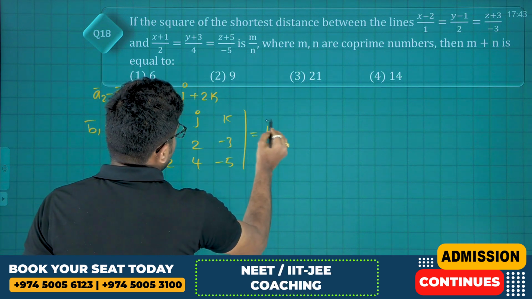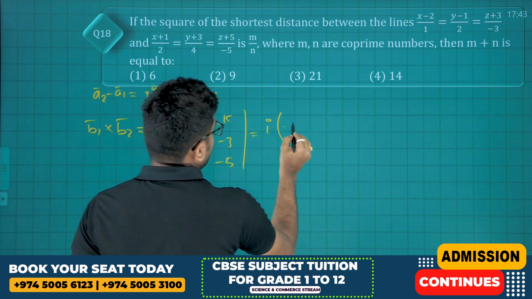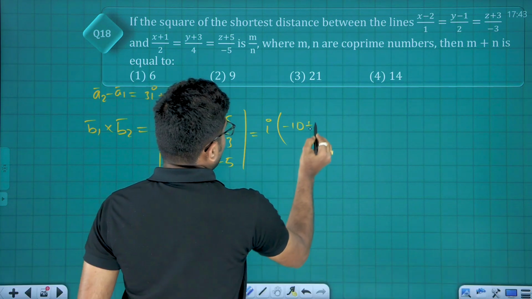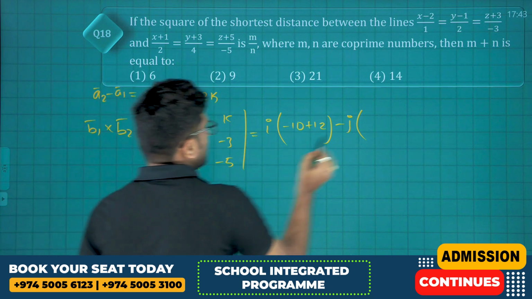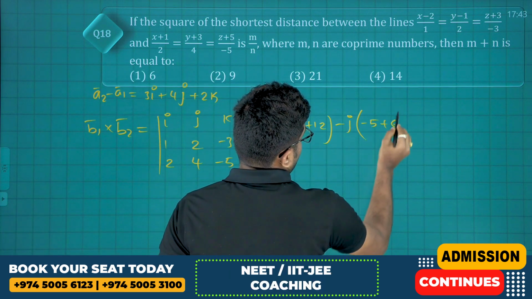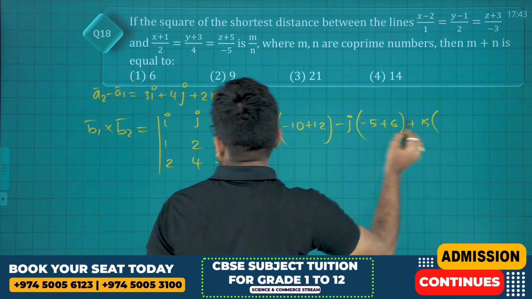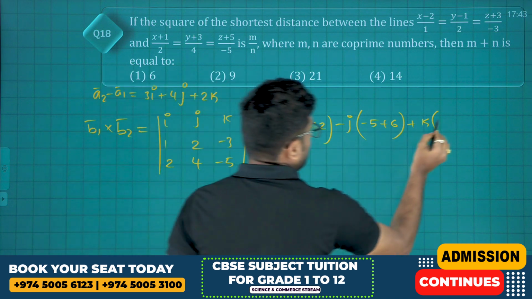So this is equals to i times of minus 10 plus 12, minus j of minus 5 plus 6, plus k of 4 minus 4, 0.